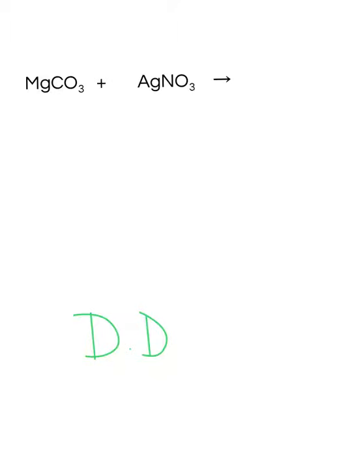And so let's break this down. The first thing I want to do is write out all of my ions in question. So Mg it has a 2+ charge in this compound, and carbonate has a 2- charge, and that's something that you can look up on your polyatomic ion chart to see.